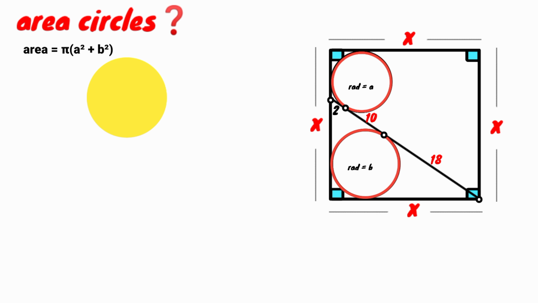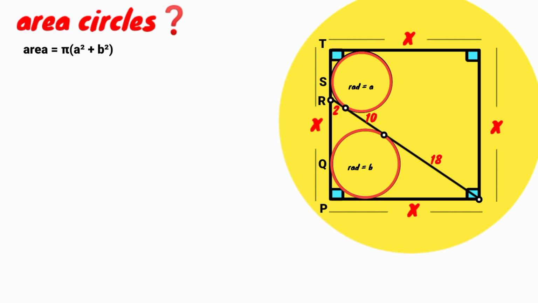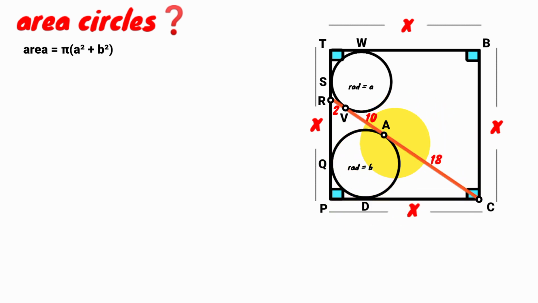We start by labeling the necessary points P, Q, R, S, T, V, W, A, B, C, and D. Okay, this is a very simple question. We see here line CR is a tangent to this circle at this point. It meets this line CD, which is also a tangent of the circle at this point.